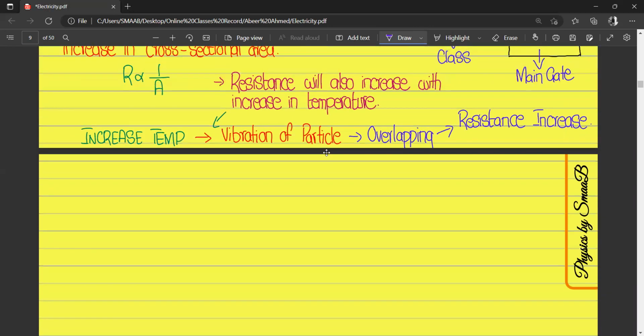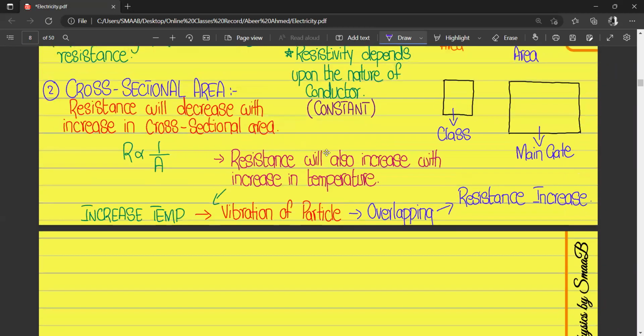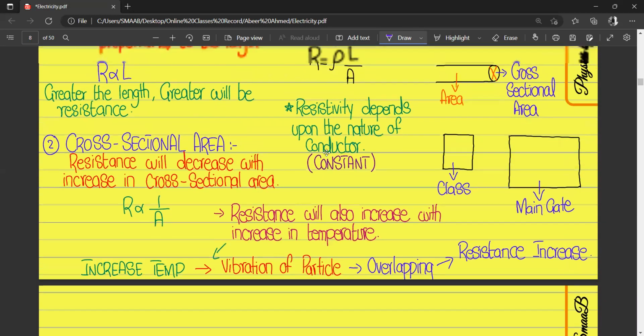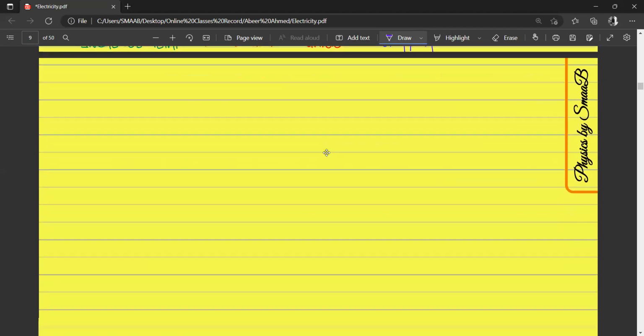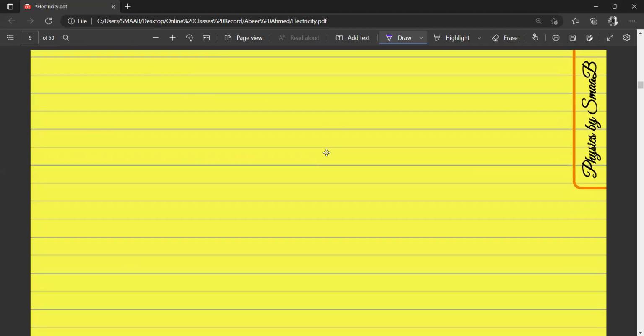So that's why in insulators, the flow of current does not appear because of their fixed position, but in conductors it is possible. But there are some factors on which current will also be affected, or you can say the flow of charges will be affected due to resistance, right? Any confusion?